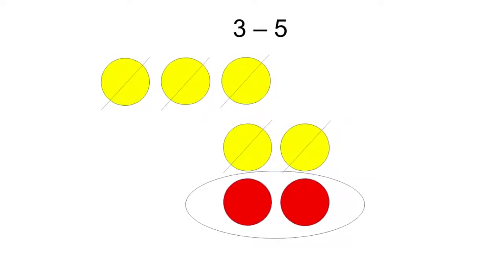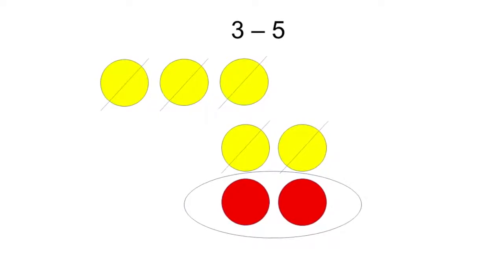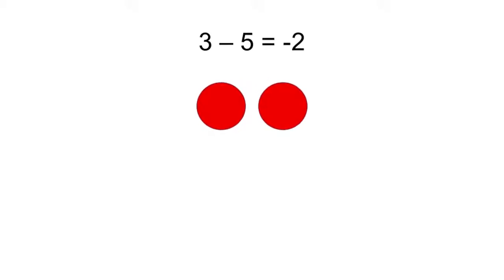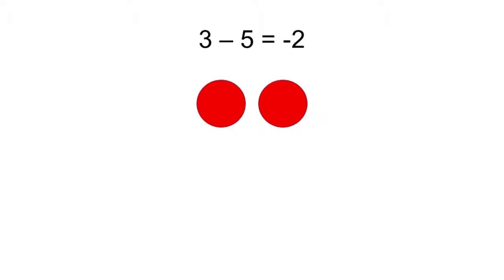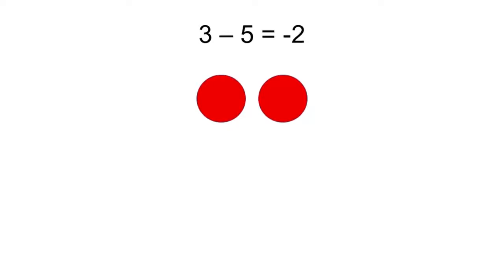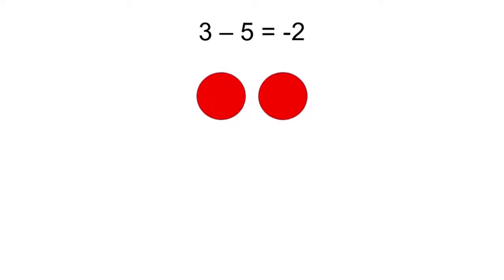So now that I have 5 positives to take away, I do, and I end up with 2 red chips. Interesting, right? So when I take 3 minus 5, I end up with negative 2. Okay? So that's your first example of subtracting integers.